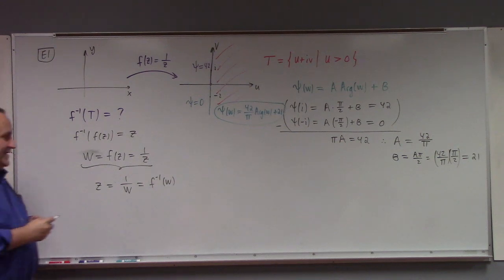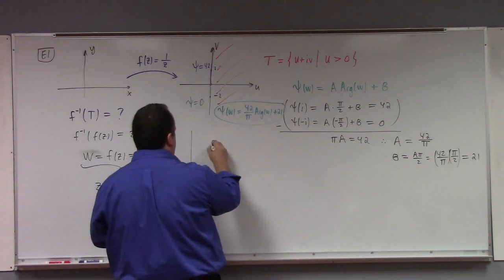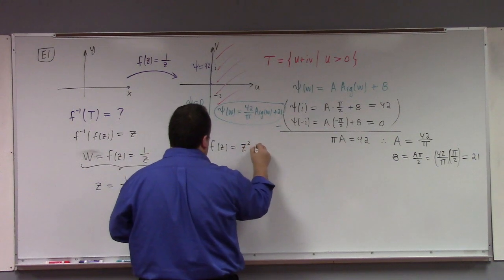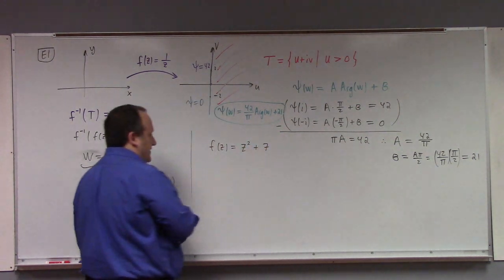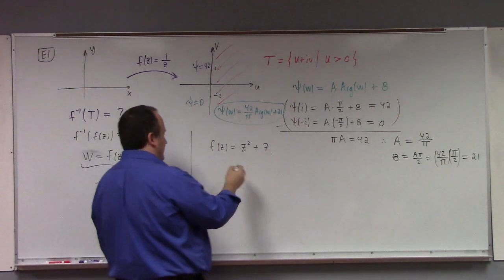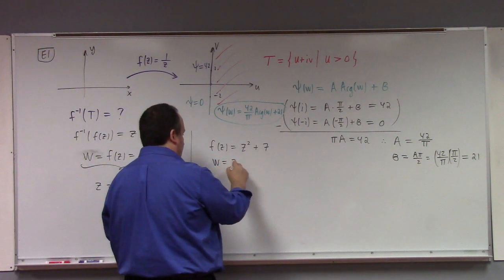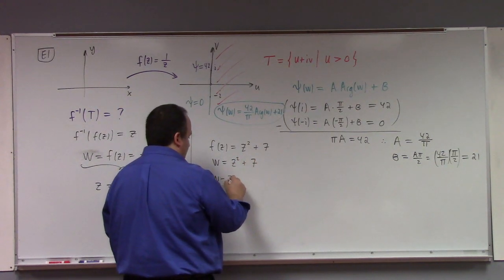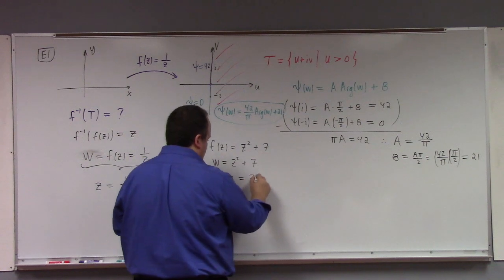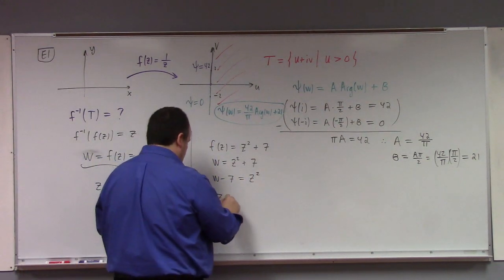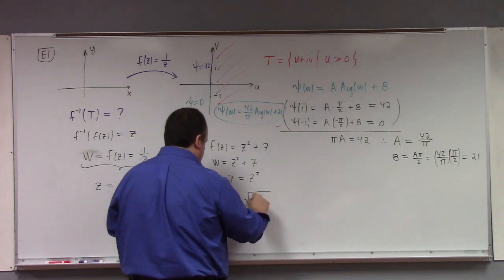To give a more dramatic example, if I had f of z equals z squared plus 7, and I wanted to find the inverse function. Well, first of all, that's not really well-defined. You have to attach strings to that. I would be trying to solve this for z, and I would find that z is equal to plus or minus the square root of w minus 7.